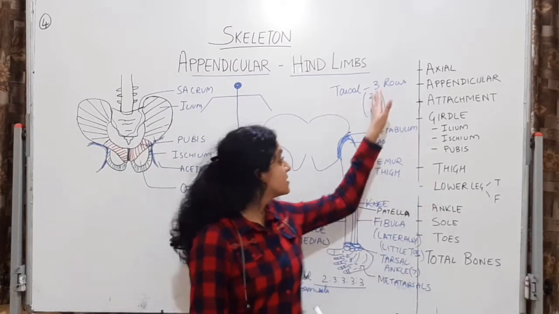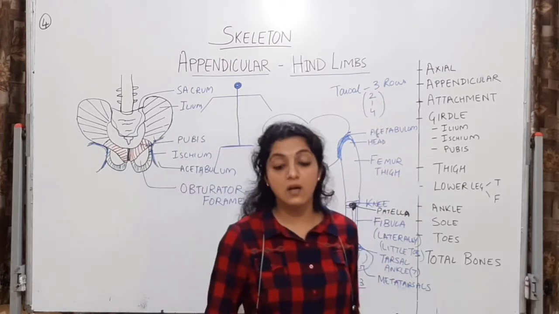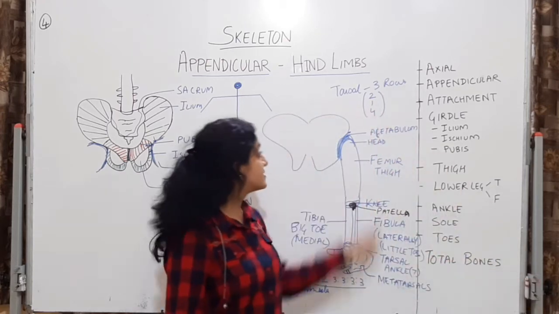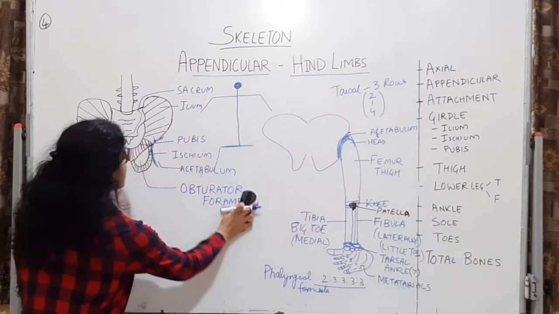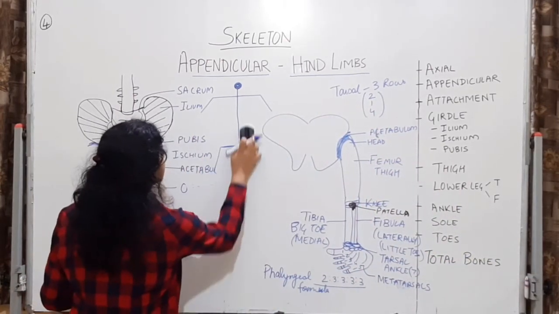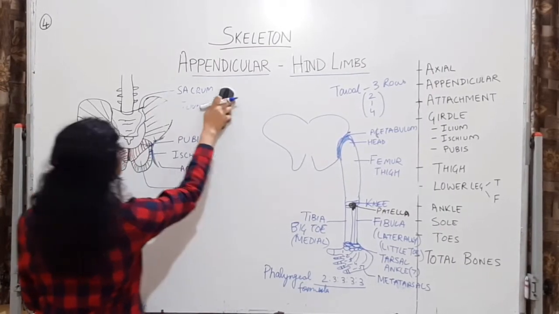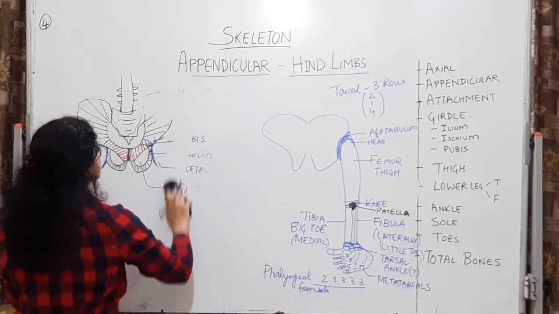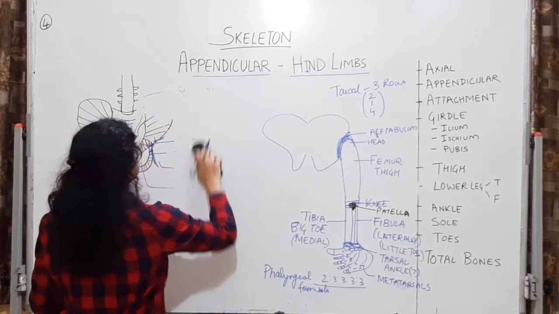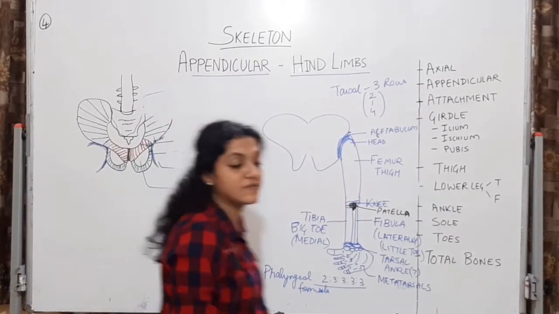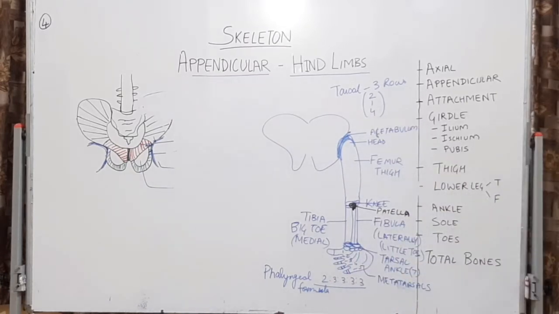Now if this is my left leg, let us do the counting now. If this is my left side, let us do the counting. Okay? So now you count the bones on the left side. क्या होंगे? Count the bones on the left side. Do the counting.